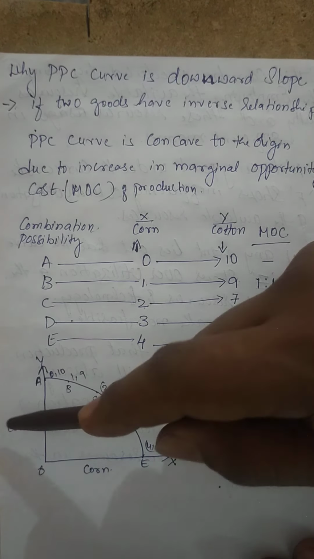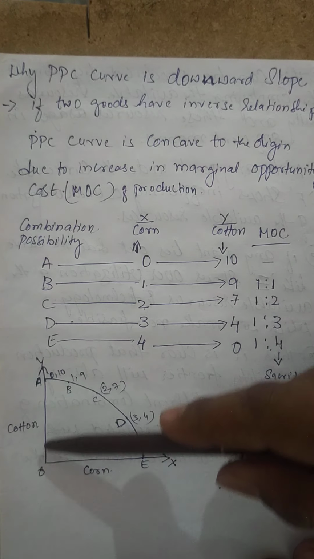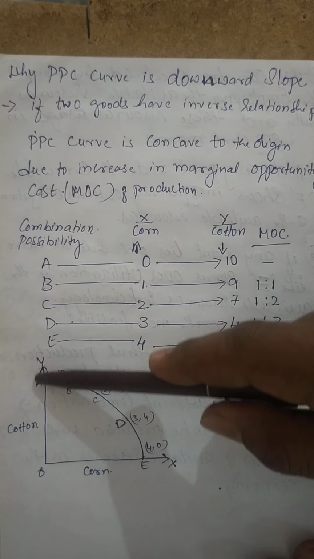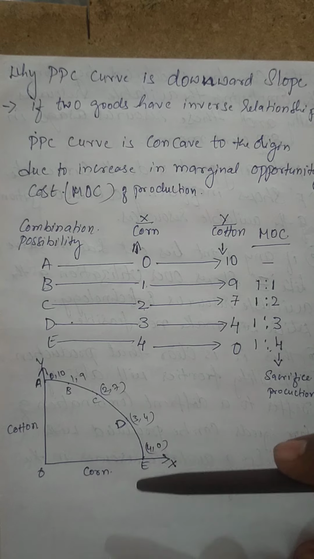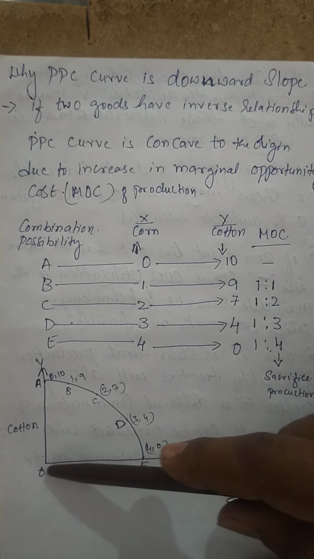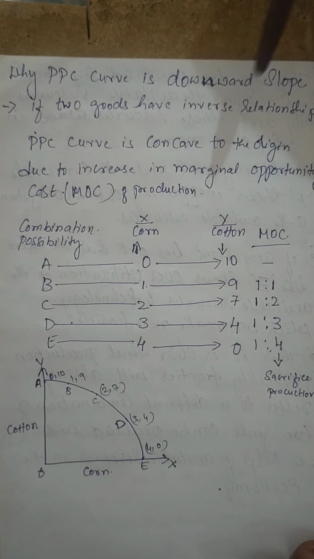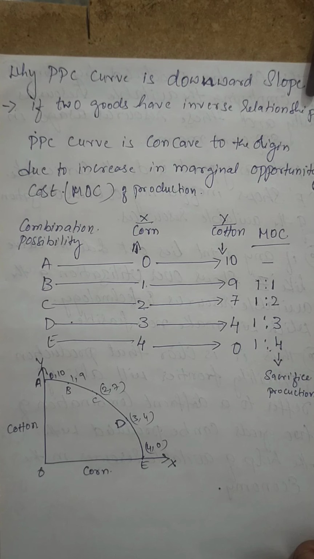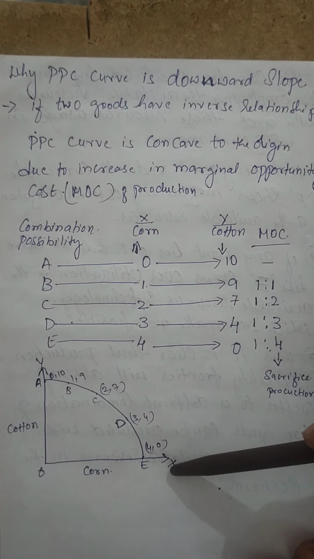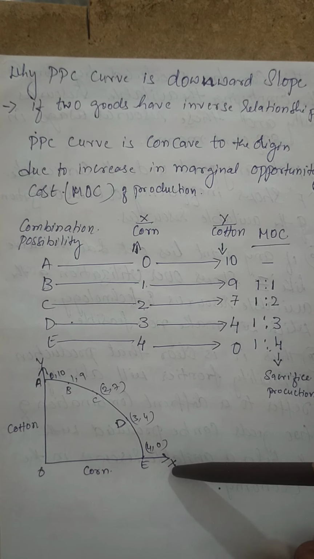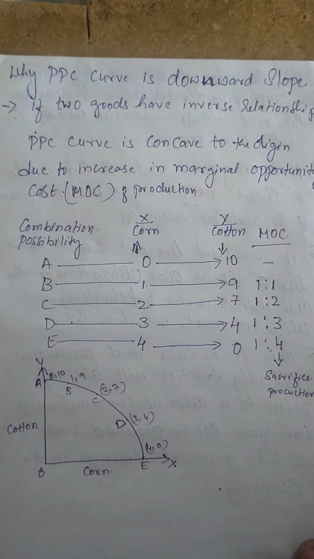If one is increasing, the other is decreasing. Both are not increasing or both decreasing; it is happening parallelly, one increasing and the other decreasing. That is why we call it an inverse relationship, and this is how the combinations of production take place. Next, why is the PPC concave to the origin?